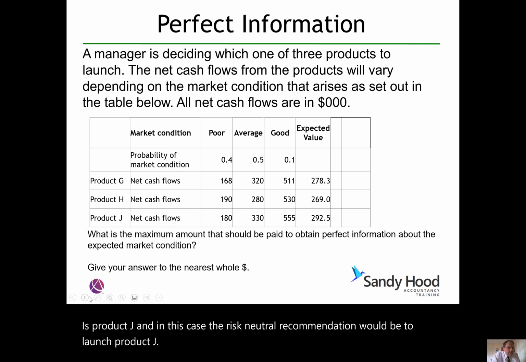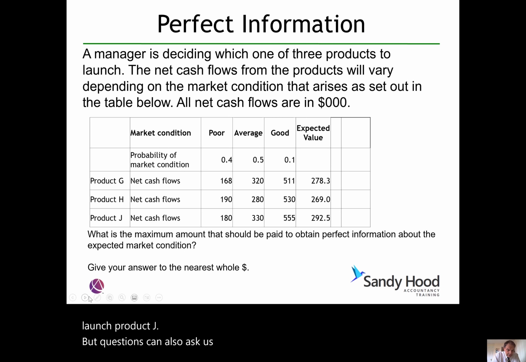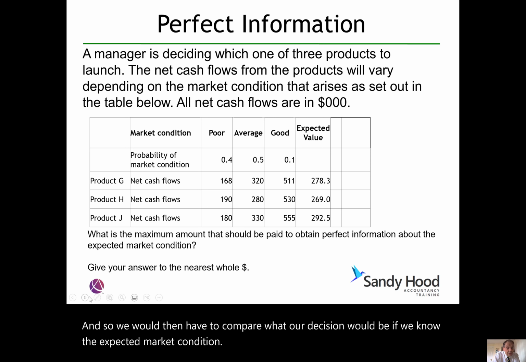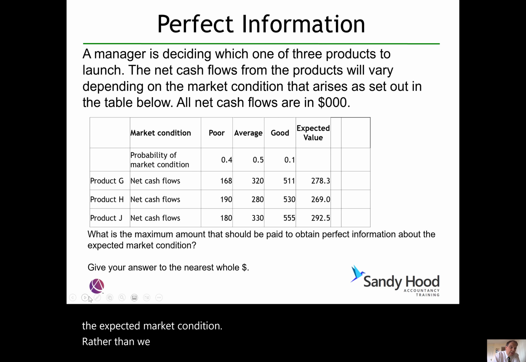But questions can also ask us about perfect information, and so we would then have to compare what our decision would be if we know the expected market condition rather than we are trying to estimate what it is.